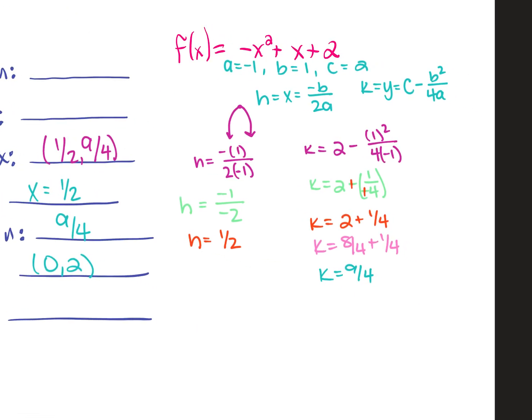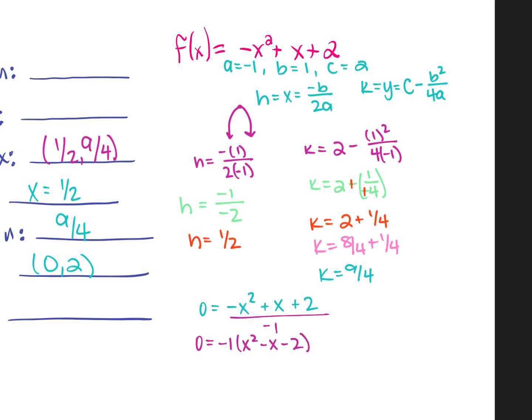So if you're going to take 0 is equal to negative x squared plus x plus 2, solve for x. What's your greatest common factor that you can factor out in order to make that x squared a positive? So factor out a negative 1. That 0 is equal to negative 1 times x squared minus x minus 2.